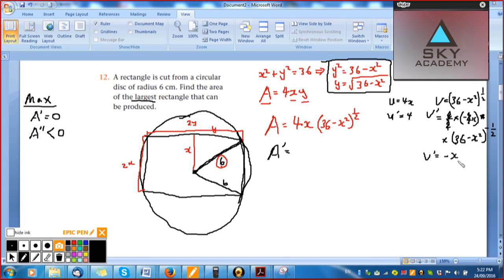Minus x over the square root of 36 minus x squared. Got it?